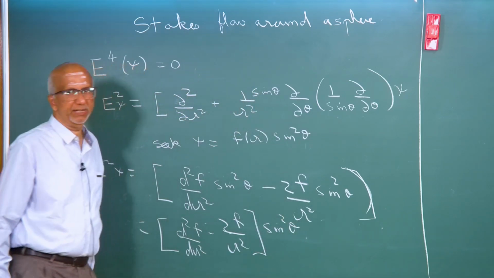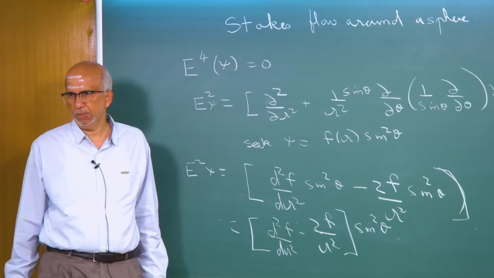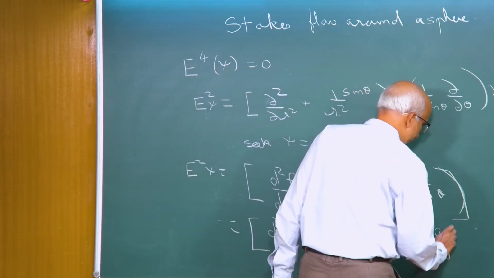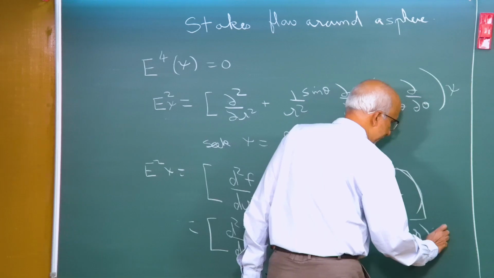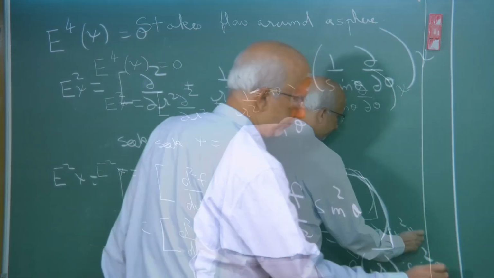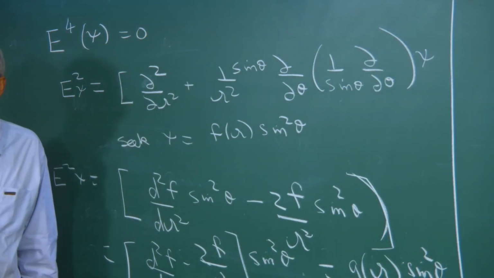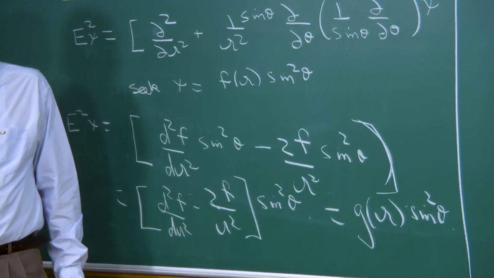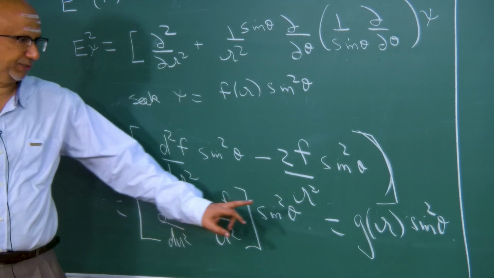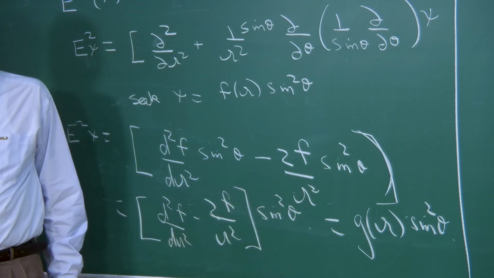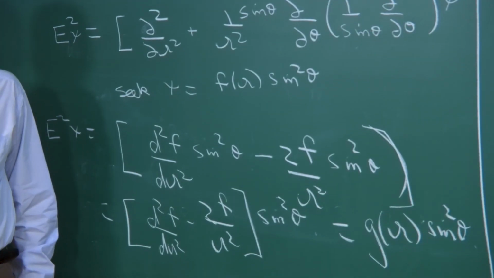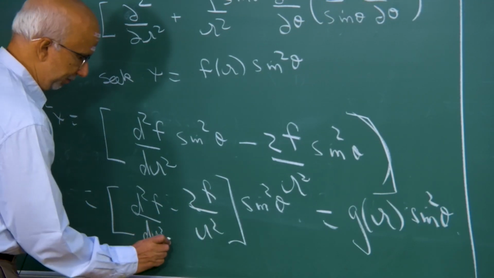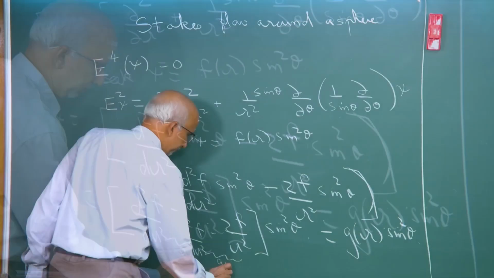This is E squared psi, and just to explain, I am going to think of this as g of r sin squared theta, but this is only a function of r. So now E squared psi is g of r sin squared theta. What is g of r? G of r is this quantity here.